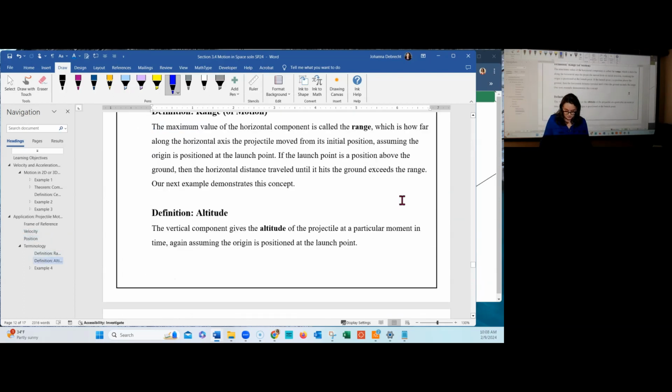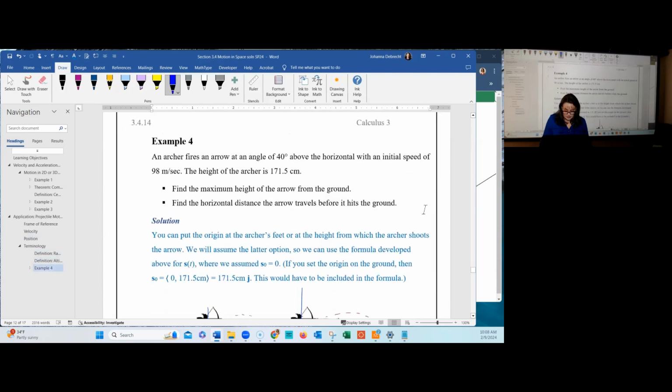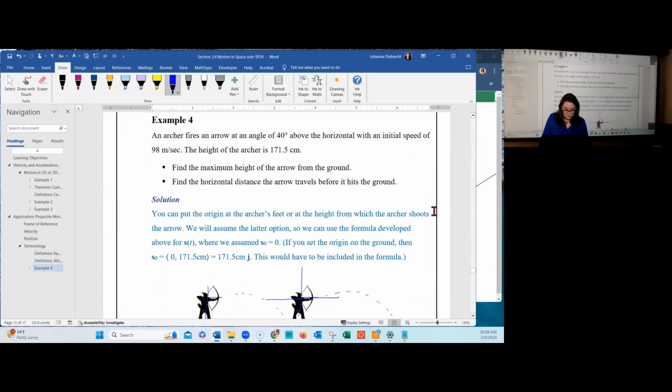All right, let's take a look at example 4, our last example in this section. We have an archer who fires an arrow at an angle of 40 degrees above the horizontal with an initial speed of 98 meters per second. Yes, I chose numbers to make it slightly easier. It's still not easy.